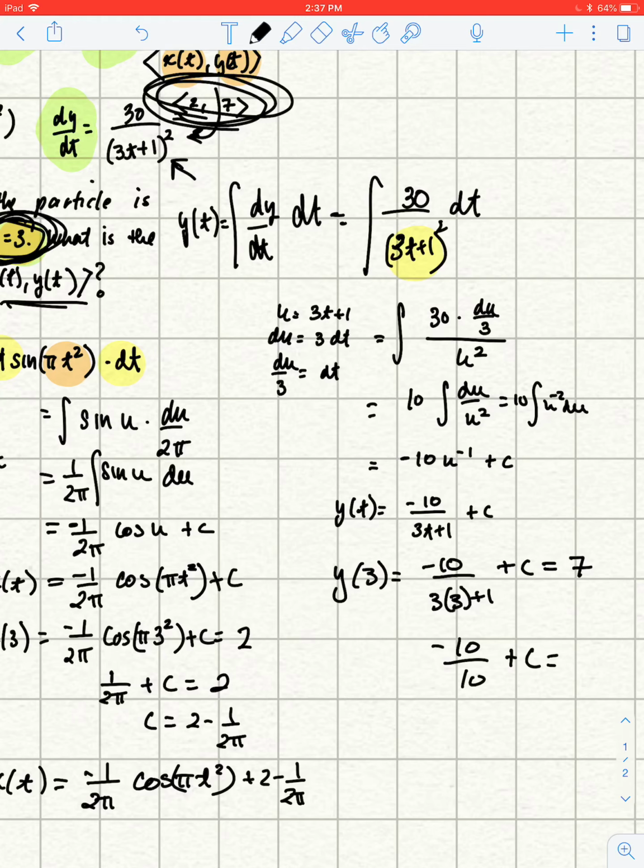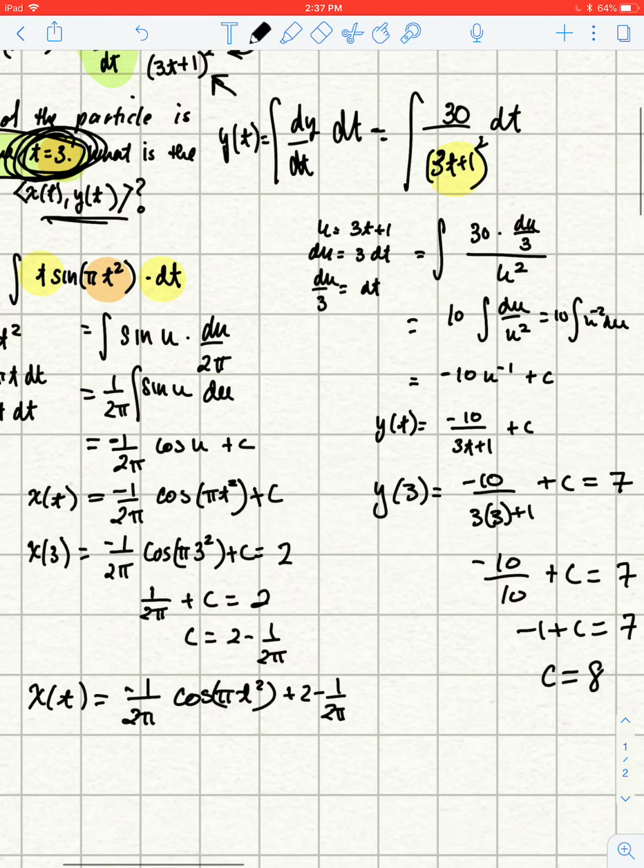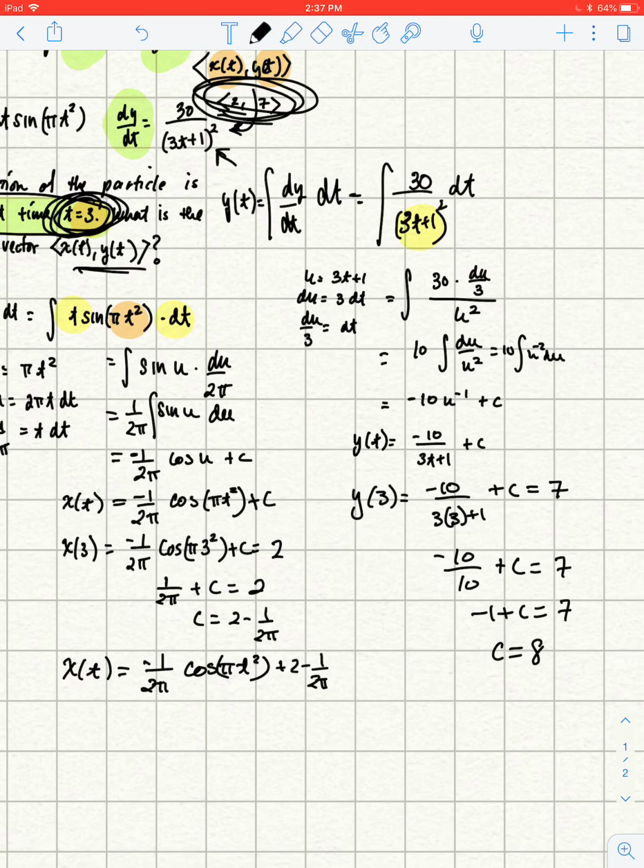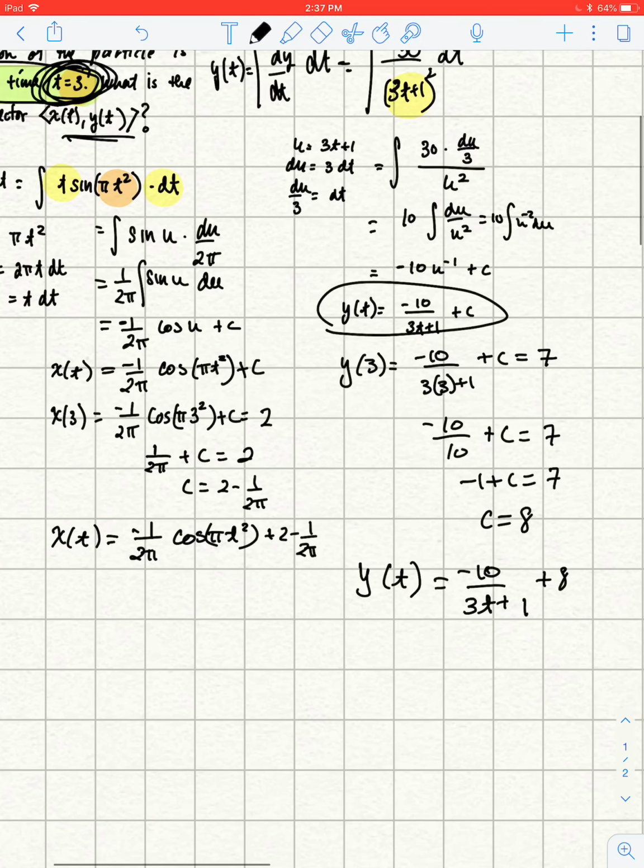So we got negative 10 over 10 plus c equals 7, so negative 1. C is going to be 8. So now your function looks like y of t equals negative 10 over 3t plus 1 plus 8. And I was just plugging it back into there.